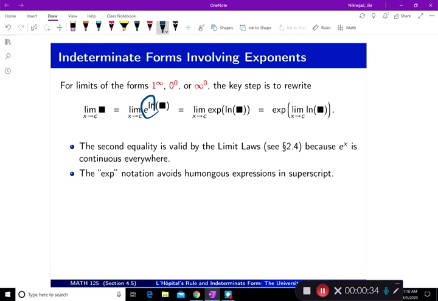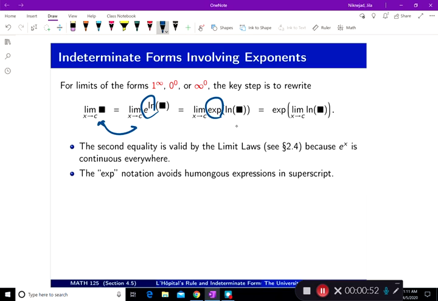Notice that e to the power natural log are inverses of each other, so you haven't changed the limit at all. Since e to the natural log is awkward to write, we write it as exp of natural log.